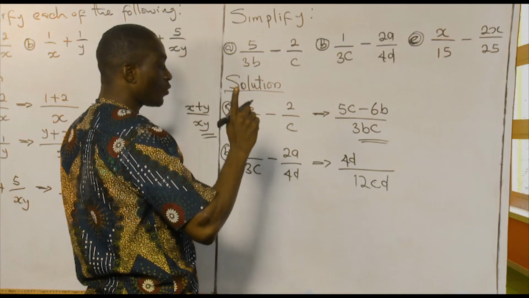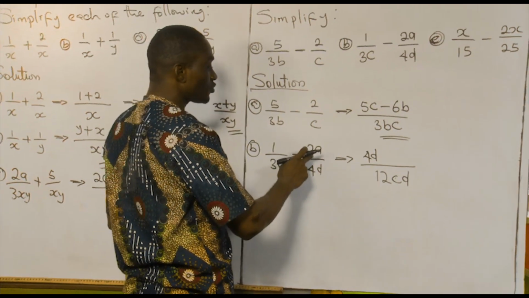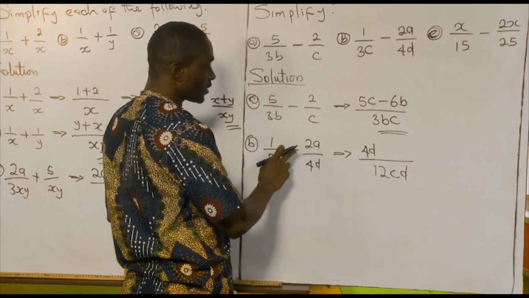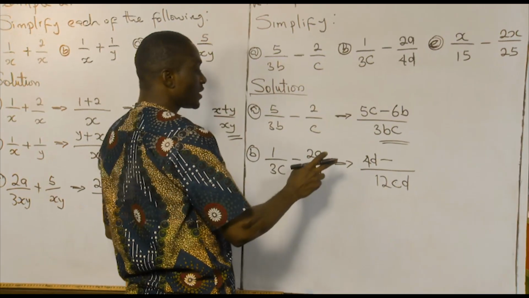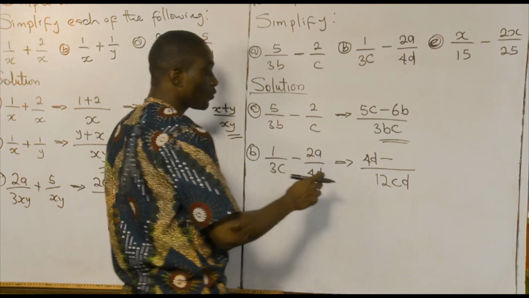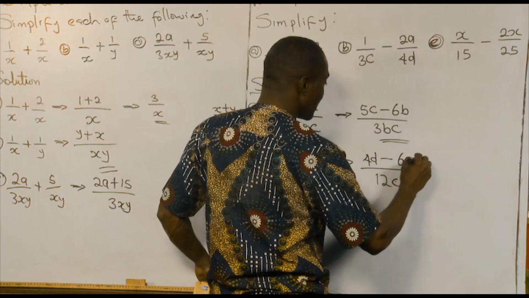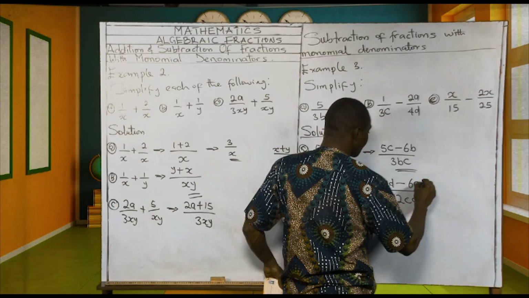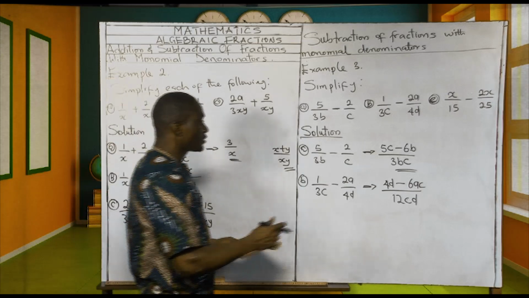And 3C multiplied by 2A, this is a minus sign operation, we're writing it out. So 3C multiplied by 2A will give us what? 6AC. All right, so that is that.